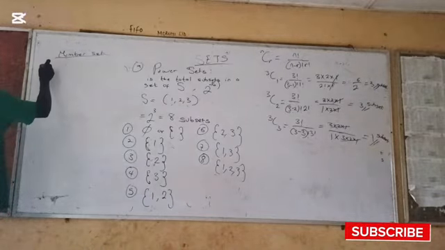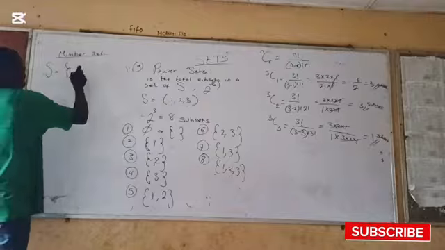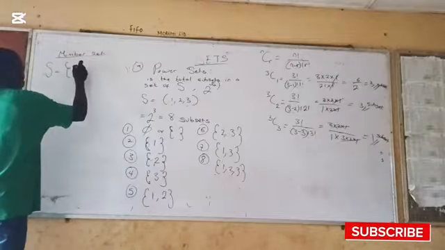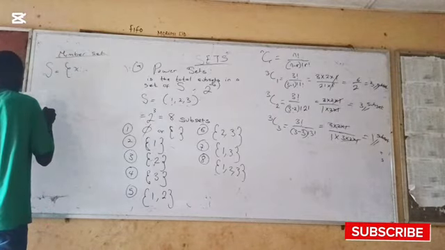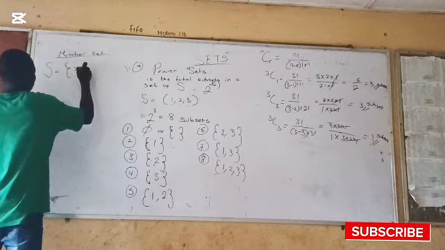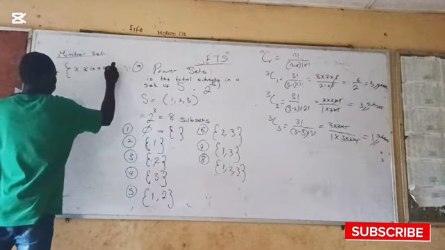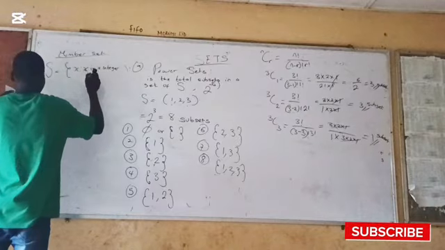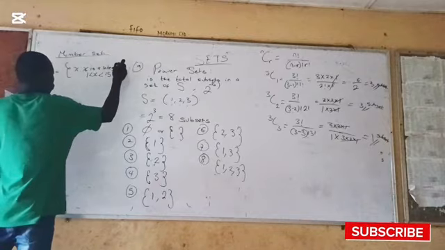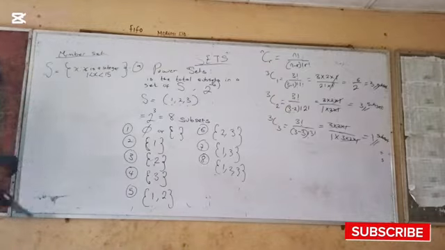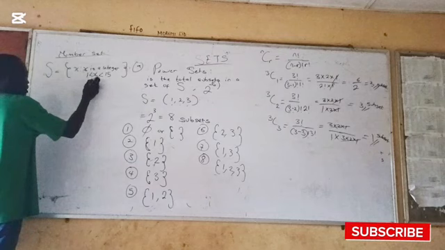Here under the set, for instance, we are given a set S containing elements x such that x is an integer, 1 less than x less than 2.